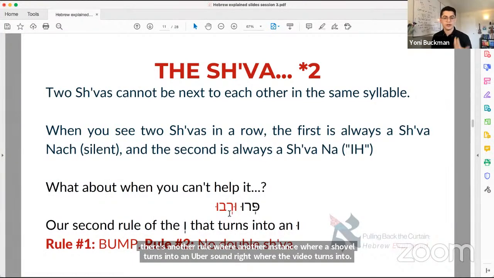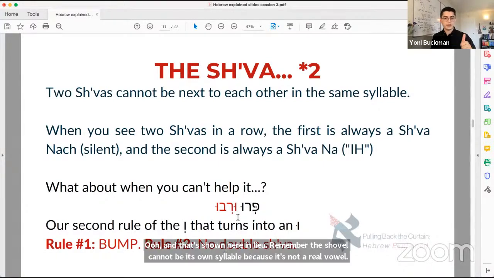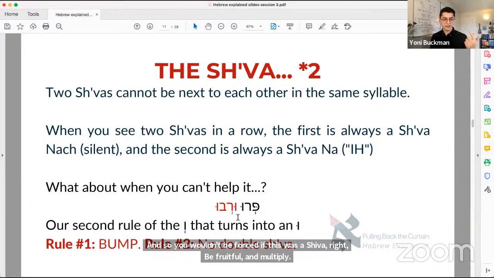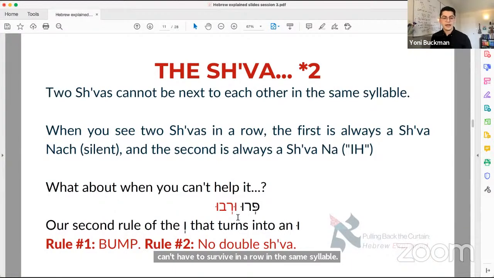You can't have two shvas in a row in the same syllable. And so it turns into an u. So those are the two rules for when the v turns into u: if it's before bet mem pe, that's the bump rule, and the second is if the next letter has a shva under it.